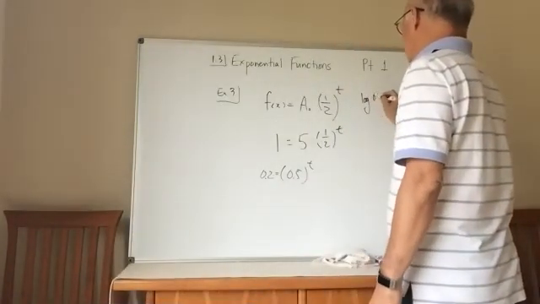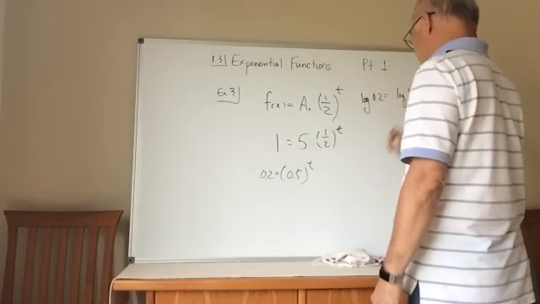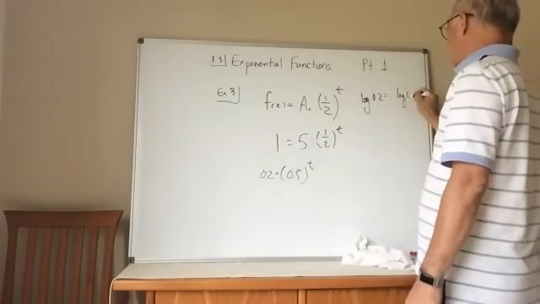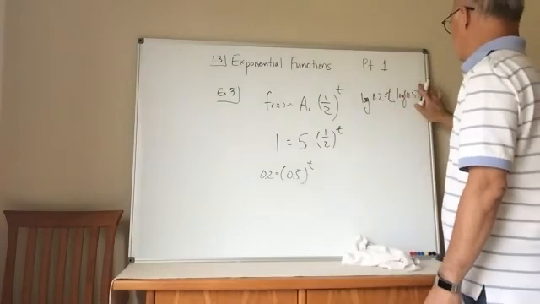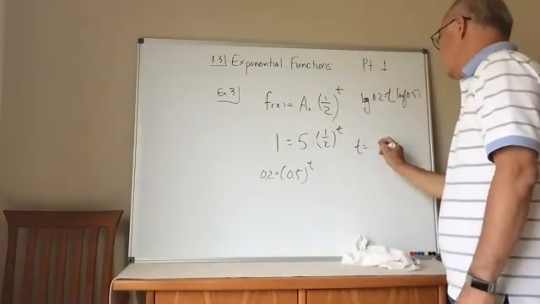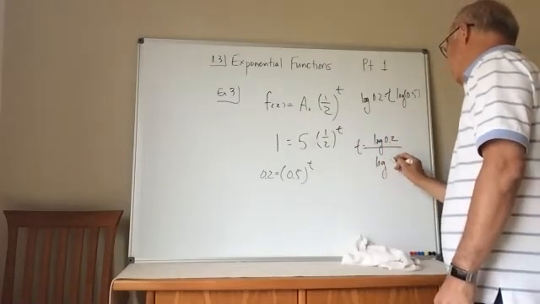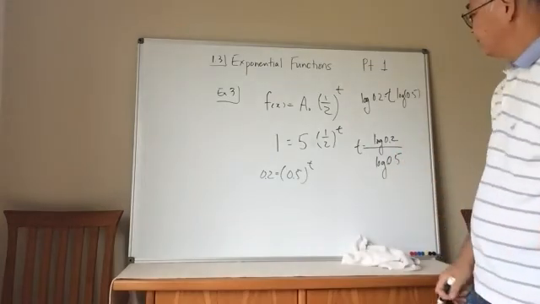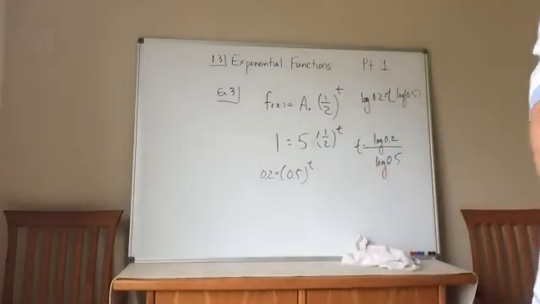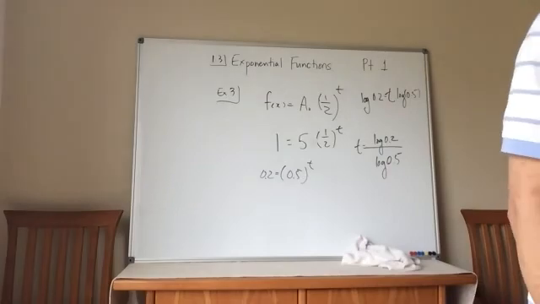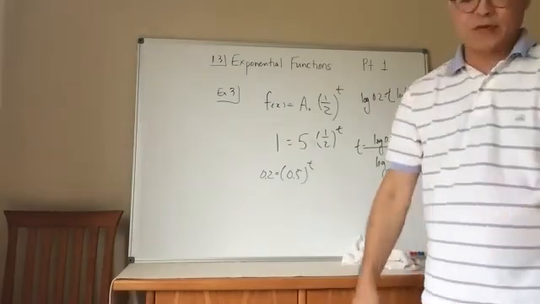Log of 0.2 is equal to log of 0.5 to the t, where the t now comes down. T is going to be equal to log of 0.2 over log of 0.5. And that's your answer. Or the book allows you to do it graphically also.